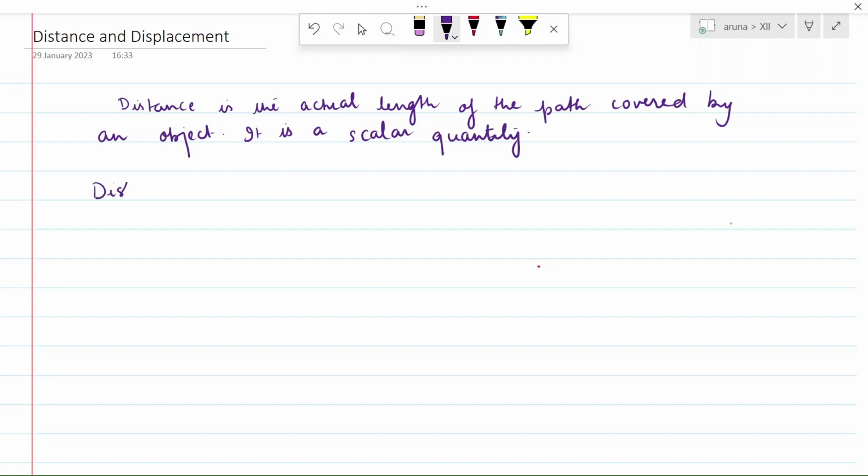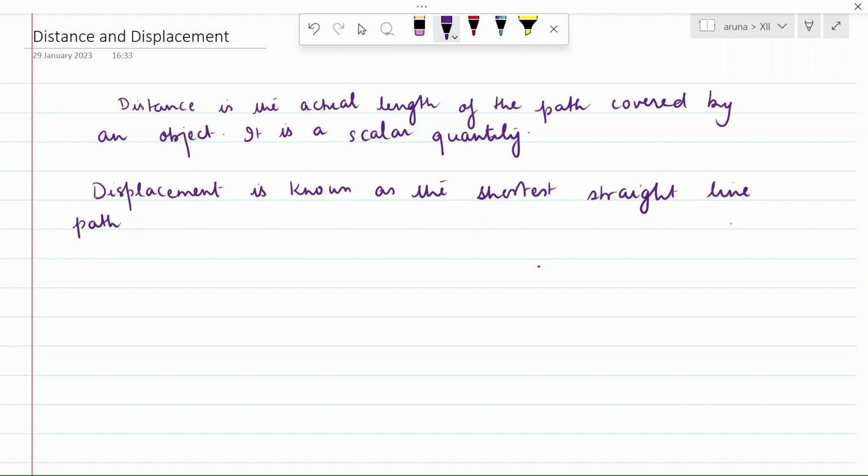On the other hand, displacement is known as the shortest straight line path between the initial and final position of the object.